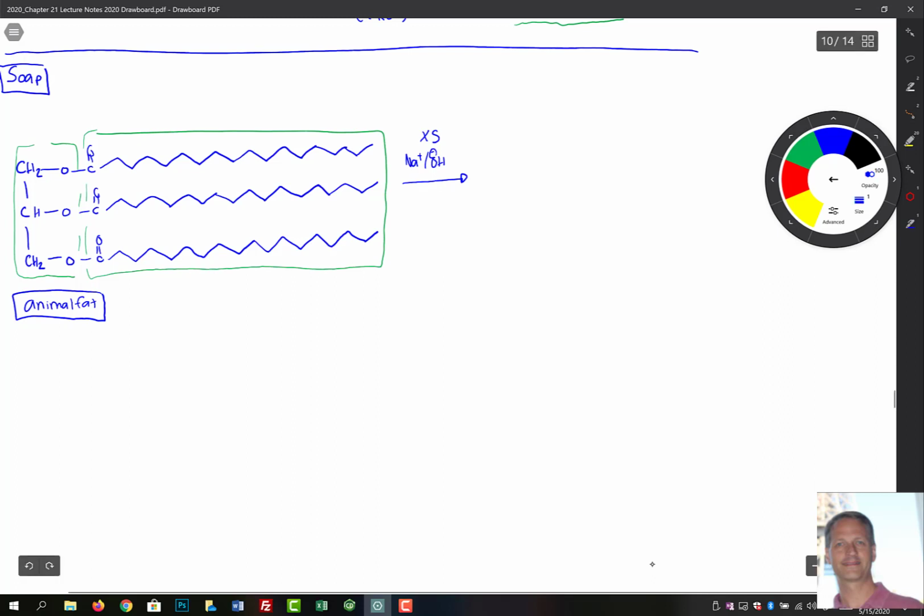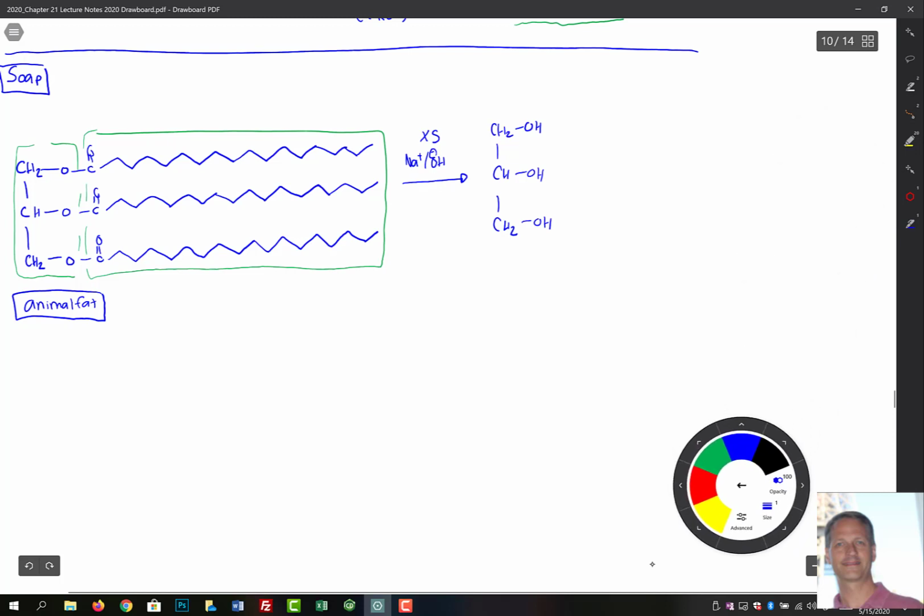What we're going to get here is the alcohol part, which is CH2OH. That's the carbon backbone of that fat, so these are all going to become OHs. And then we're going to get the sodium ion, of course, that's in there too.